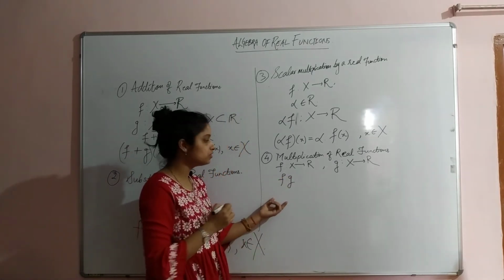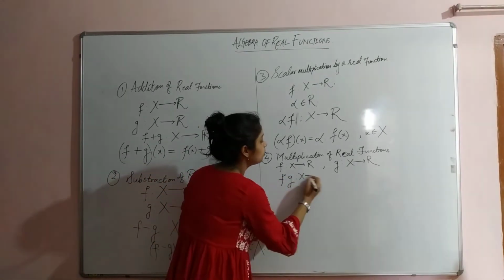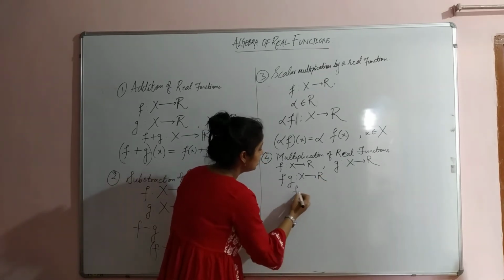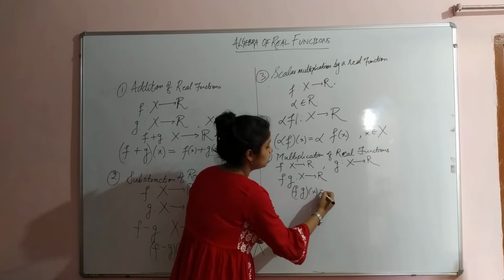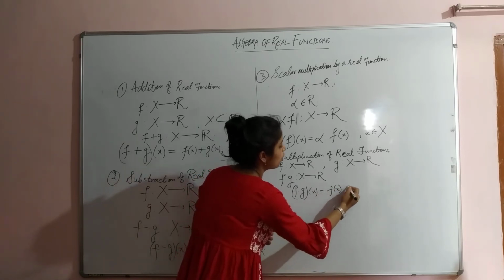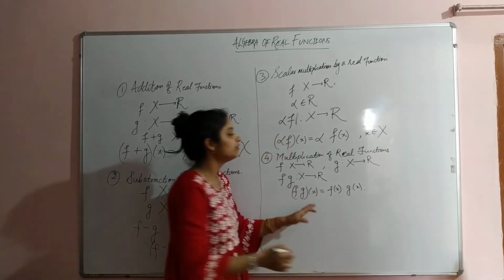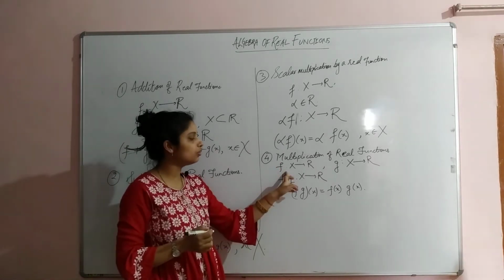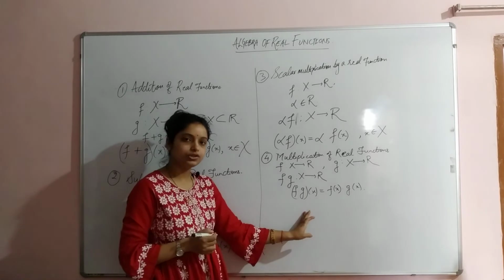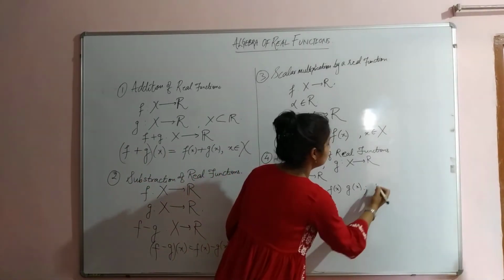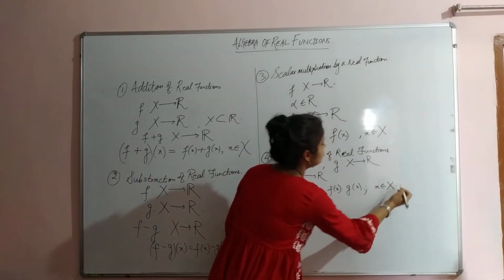This is a product function which is again defined from X to R, and it is defined as (f dot g)(x) equals f(x) dot g(x). Simply we multiply the function value of f and the function value of g, where x belongs to X.